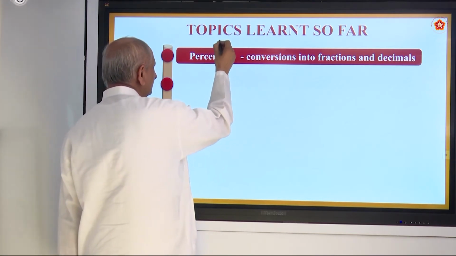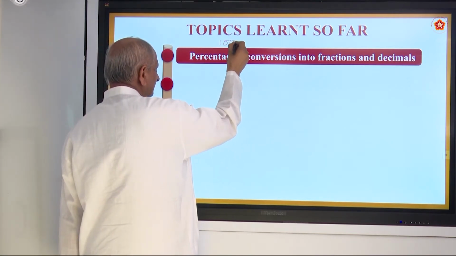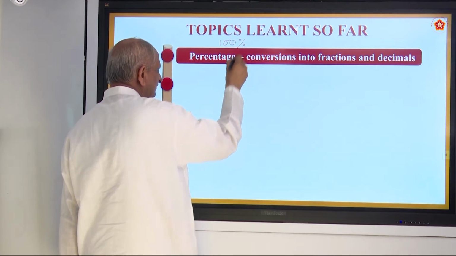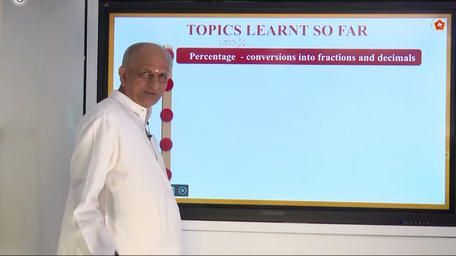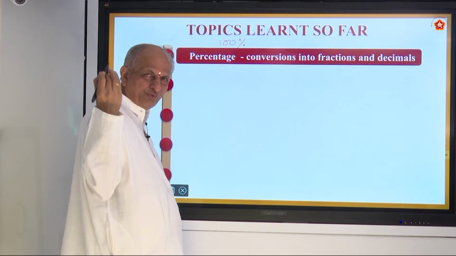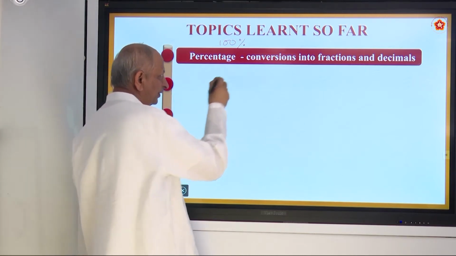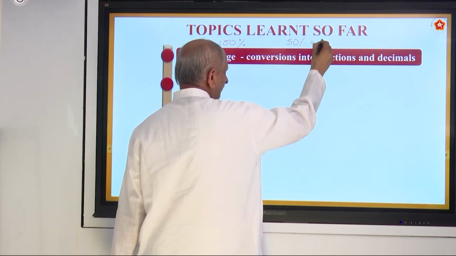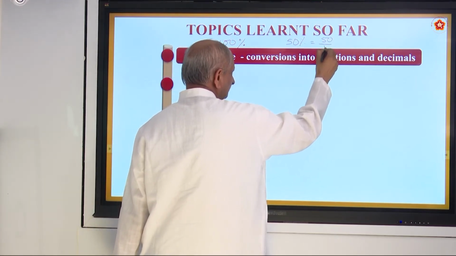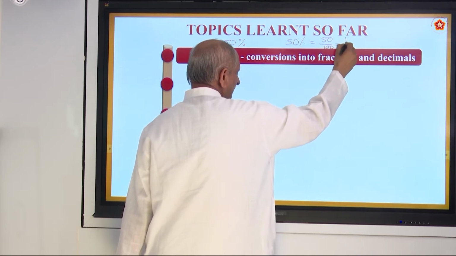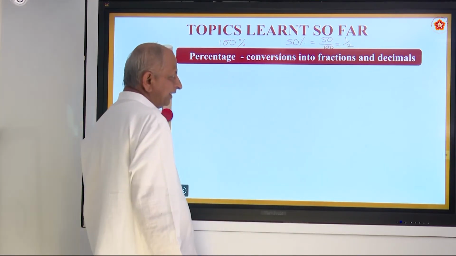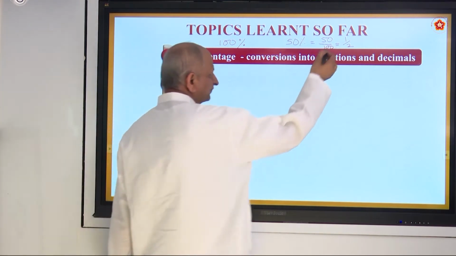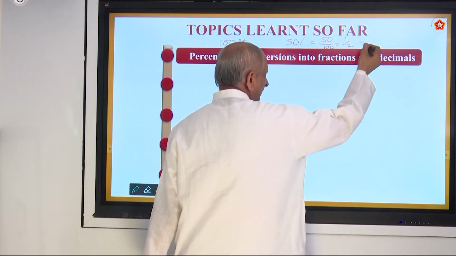Percent means for 100. We say 100%. And also we have seen how to convert into fractions. Suppose you have 50%. That is equal to 50 by 100, that is equal to 1 by 2. If you want decimal form, divide the numerator by the denominator.